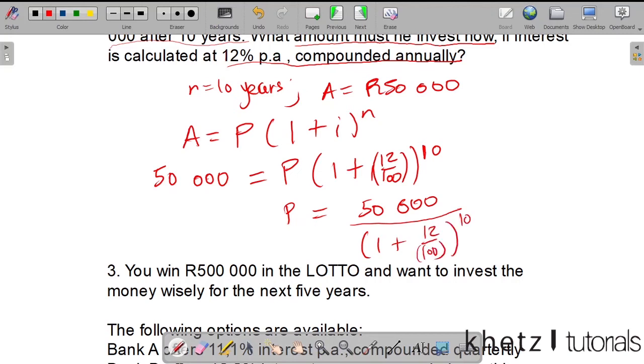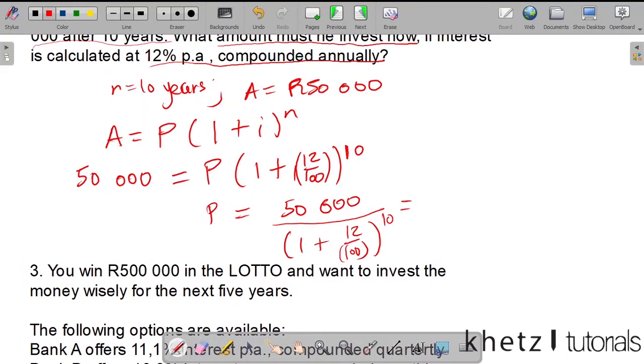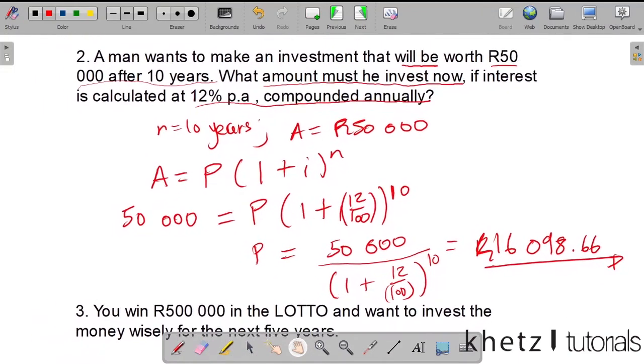And the answer which you should get, which is your principal amount, the amount which you must invest now to get 50,000 rand in the future, is 16,098.66 cents. So that is what he must invest now so that he has a return of 50,000 rands in 10 years. That is the second question.